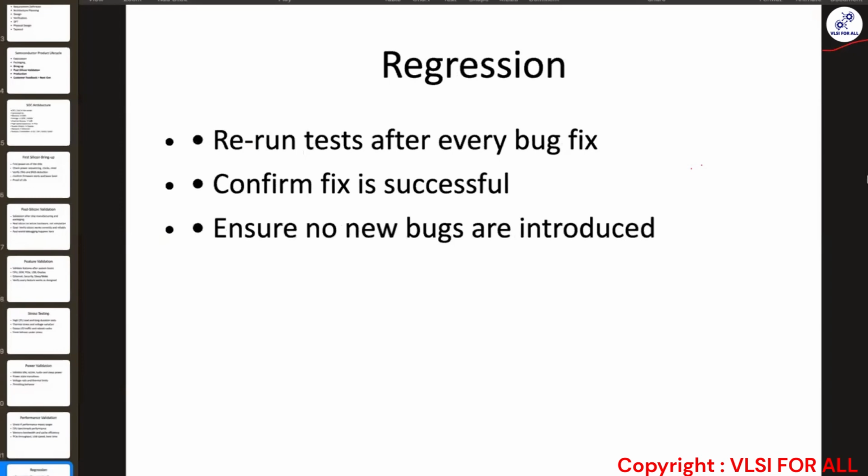Then, regression. Whenever you find a bug, consider you are trying to connect a storage device to your Type C port or a USB port, you go to your device manager and check for the enumeration, right?